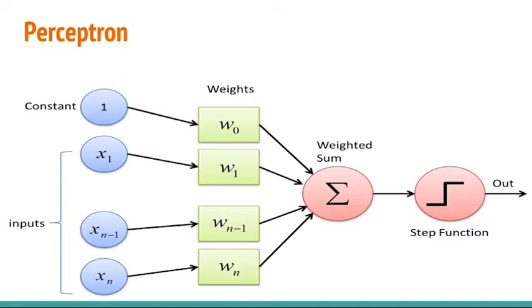Like the strength of x1 is W1, the strength of x2 is W2, the strength of xn minus 1 is going to be Wn minus 1, and of course the strength of xn is going to be Wn. We actually believe that when you're applying a neural network model, the output is basically going to be the sum.